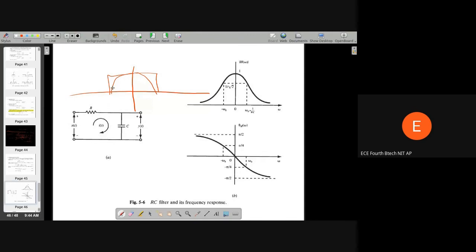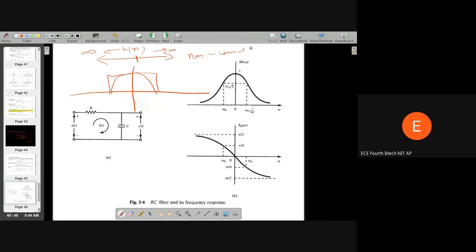It's almost impossible to have a perfect ideal filter. There are lots of disadvantages of ideal filters, which you cannot implement in real life. These ideal filters will be of infinite duration, infinite impulse response. So what does infinite impulse response mean? This is non-causal.